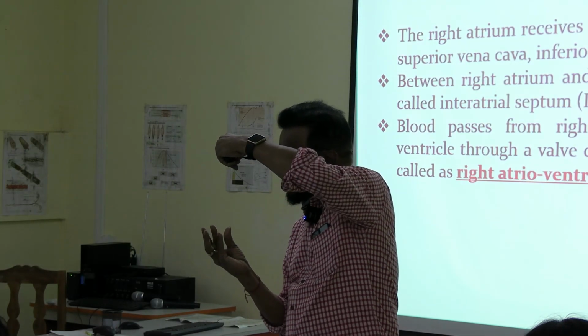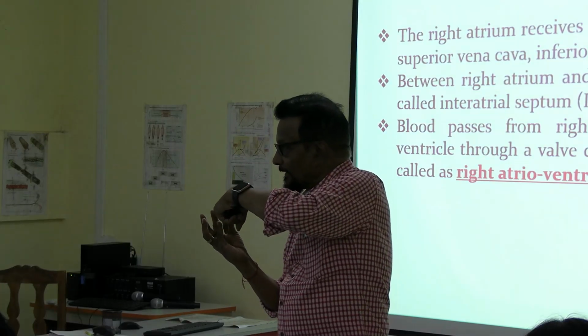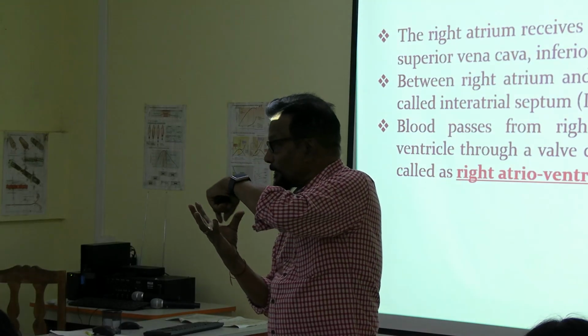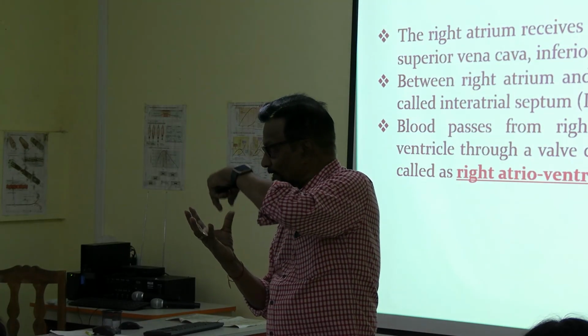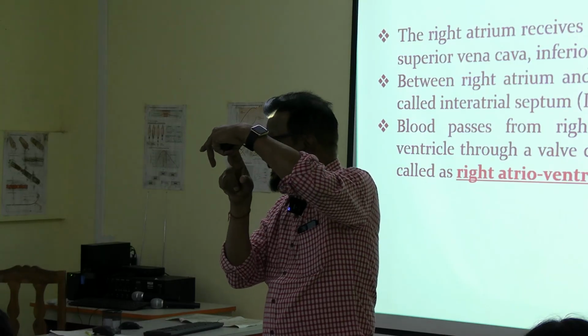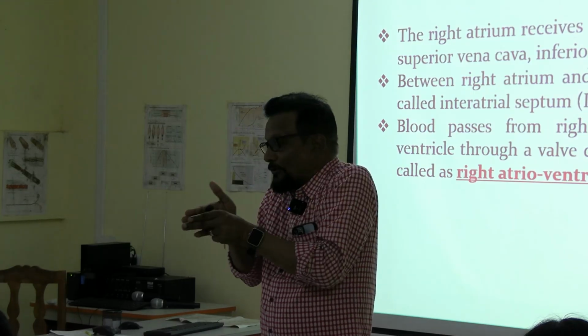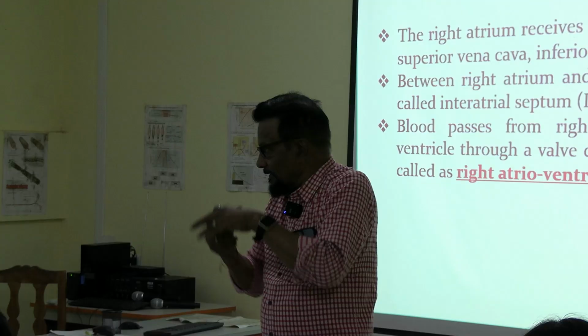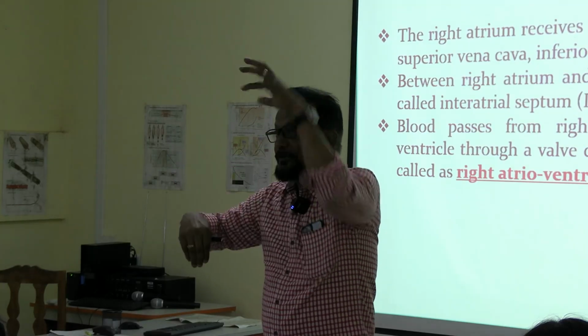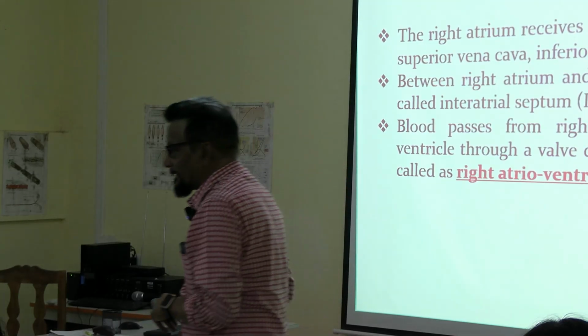Now my ventricle will be opening. Here, vacuum will be there, negative pressure will be created. But comparatively here the pressure is more. So automatically the valve will open, like this. So blood will enter. 70% of the blood that is contained in the atrium will enter into the ventricle passively.